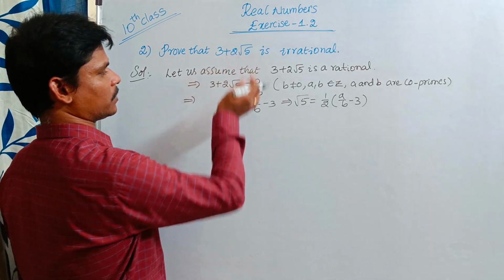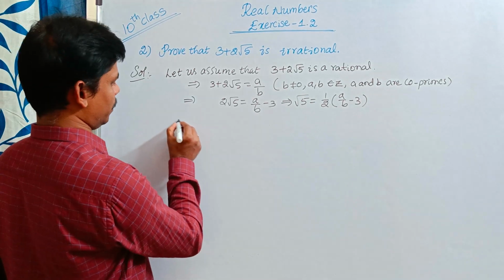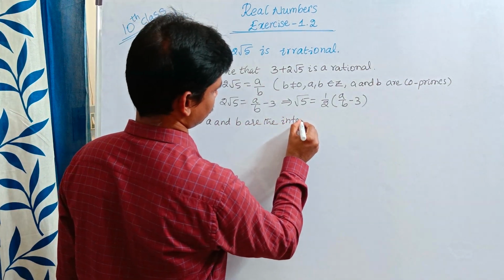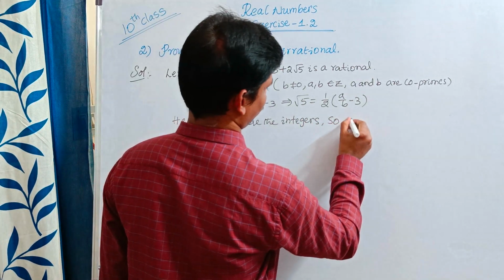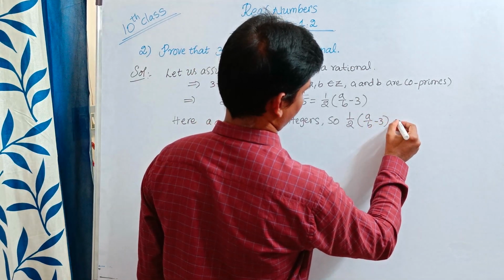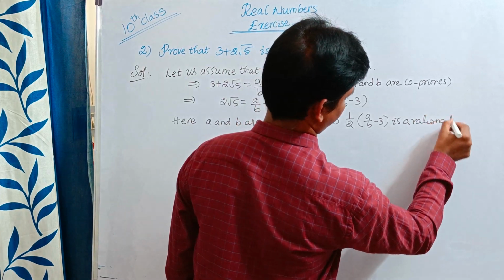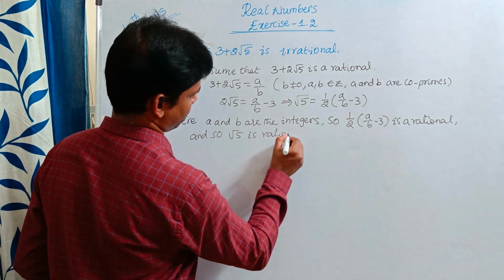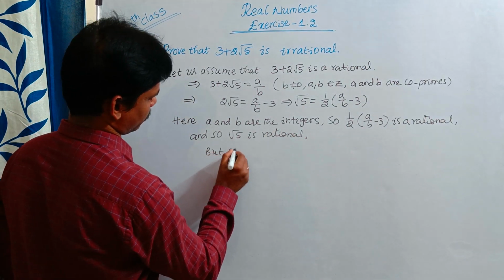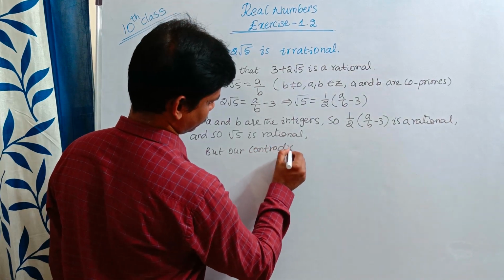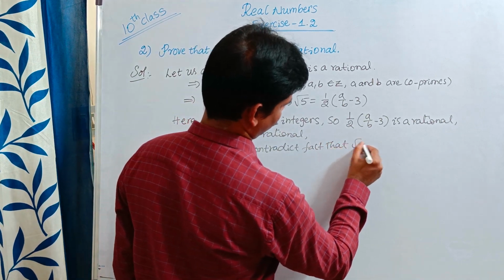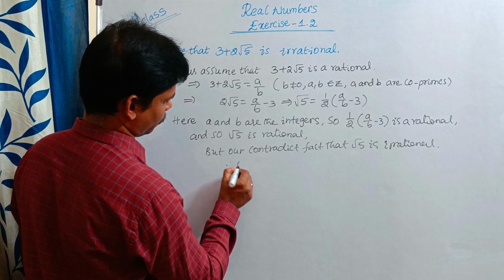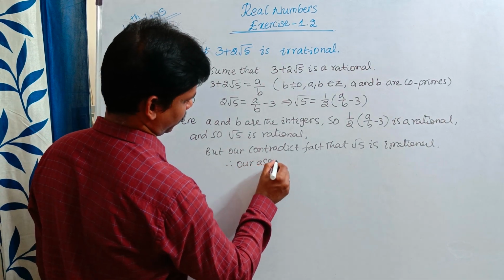So we conclude that 3 plus 2 root 5 is irrational. Therefore, our assumption is incorrect.